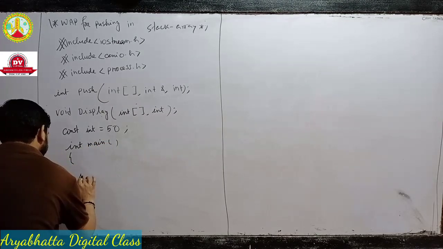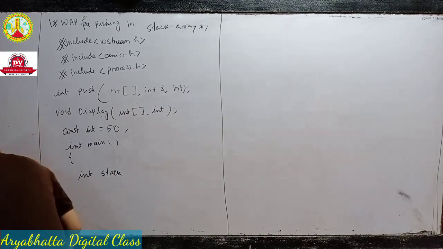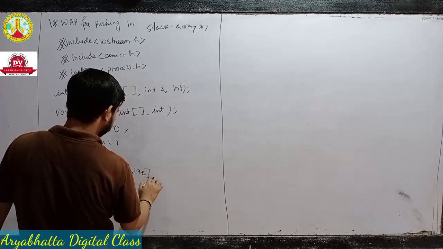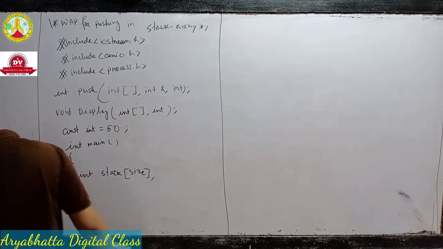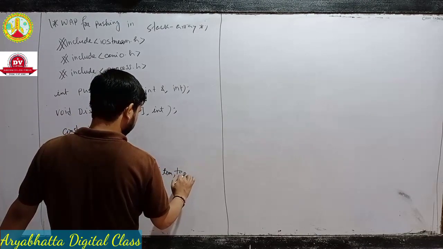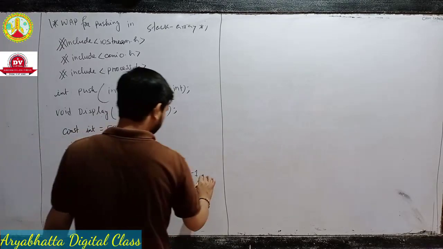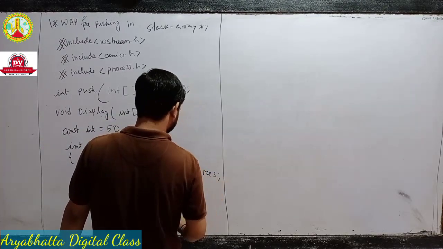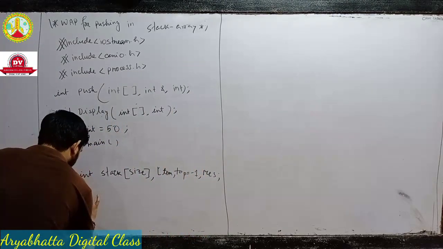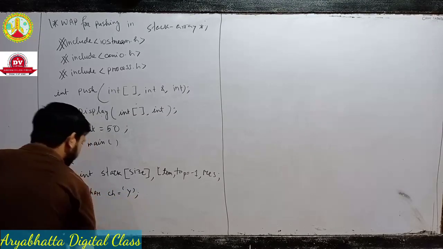In the main function, you see we take the array as a stack, and in brackets we give the size, and item. Initial top will be initialized to -1, means empty. And for one more variable we use res, or any variable you can take, but the books write res, that's why I write res. And we take a character variable y.